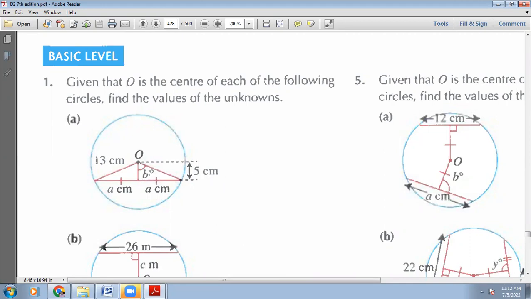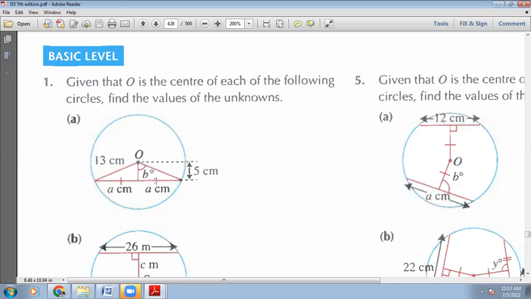If you look at this question here, we have a circle, its center is O. The radius is 13 centimeters, it is given. Here we have a chord, and this chord is of the length 2a. And here we have a perpendicular bisector coming from the center onto the chord.